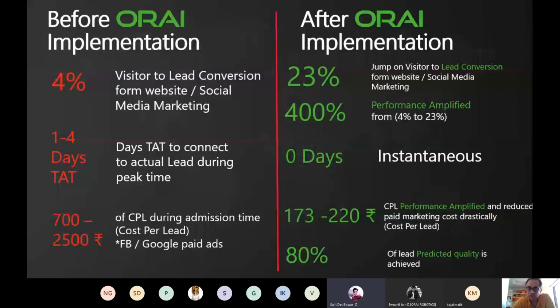Now, if you infuse ORAI, the question is, is it going to decrease or increase? The answer is that it is going to increase. Why? There are two answers. First, there is no modification to your existing platform or your business strategy. So whatever qualified leads you are getting traditionally, they will still be there, because there is no modification at all strategy-wise.